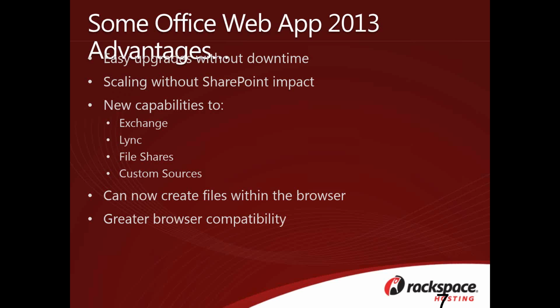So part of the model, moving on from that story, part of the capabilities that you're going to get to do with Office Web Applications 2013 is it expanded so that Exchange, Lync, file shares, and even some custom sources that you're able to write can now leverage the power of Office Web Applications, meaning that your Exchange users can now open the Word documents.